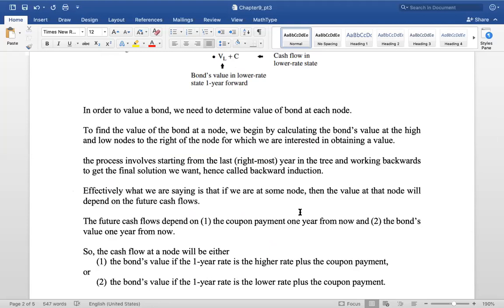Effectively, what we are saying is that if we are at some node, the value at that node will depend on the future cash flow, which is the basis of valuation. That value at any time, which is represented by a node here, is the present value of future cash flow. The future cash flows in turn depend on two things: the coupon payment 1 year from now, and the bond's value 1 year from now.